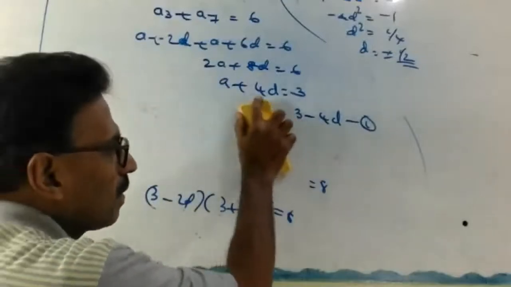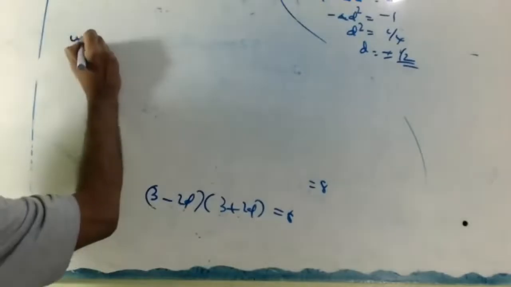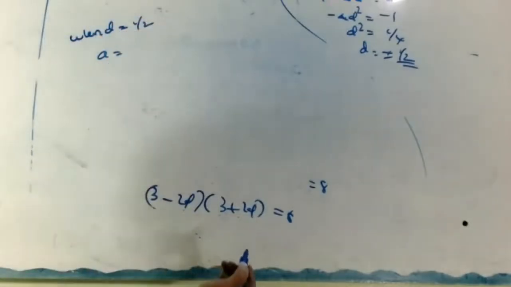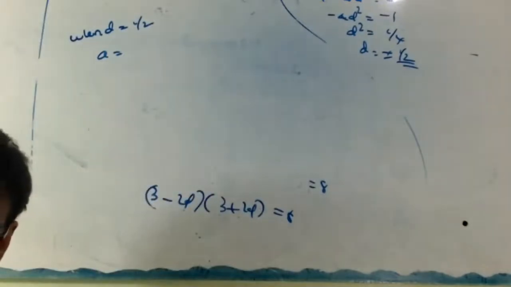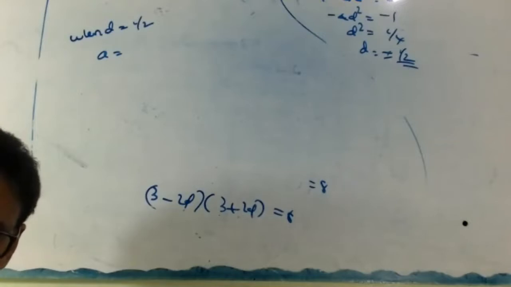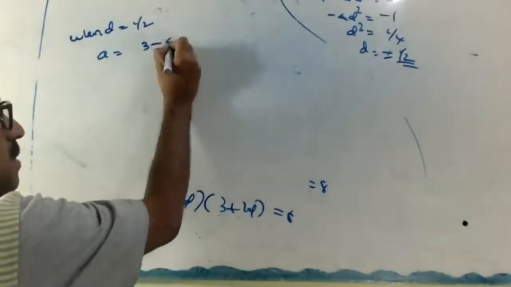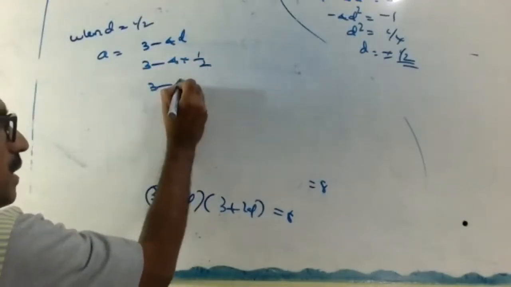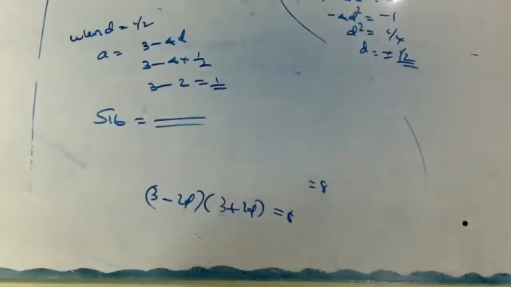Then, look, when D equal to 1 by 2, what is A? What is that formula? A equal to 3 minus 4D. 3 minus 4 into 1 by 2, 3 minus 2 equal to 1. Then you find out S16. One answer: A equal to 1, D equal to 1 by 2.